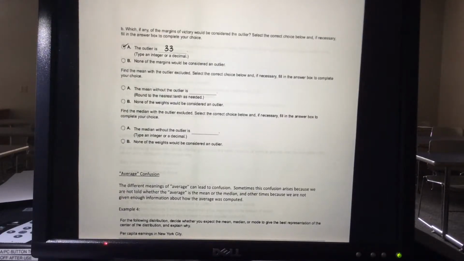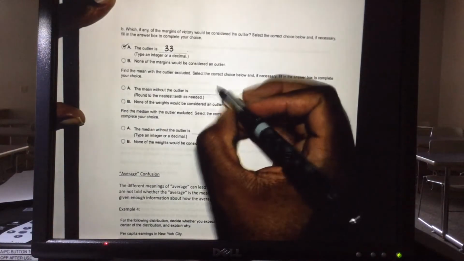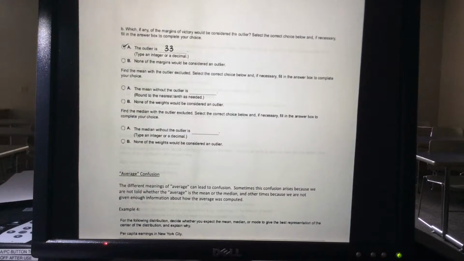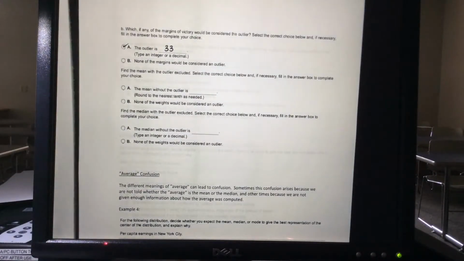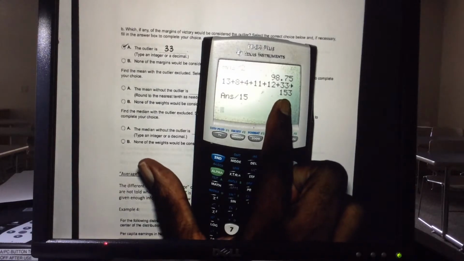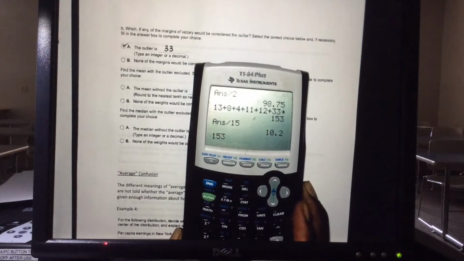And then next they're going to ask you to find the mean with the outlier excluded. Okay? So if we were to exclude the outlier 33, and in fact, if I go back to that sum that I came up with, it was 153. That was the sum of all 15 data values here.